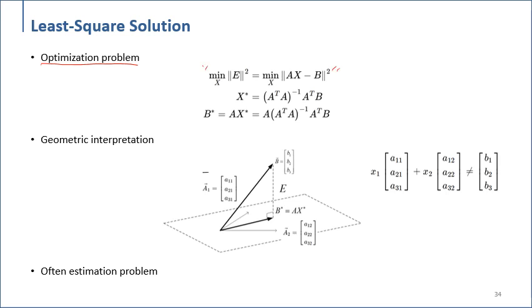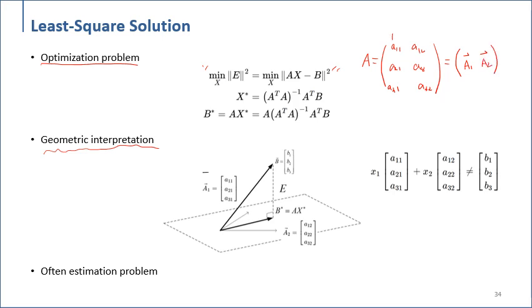The optimization problem can be simply understood by using a geometric interpretation. Recalling that the matrix A has this skinny form, we know that the matrix can be rewritten using its column vectors, A1 and A2.